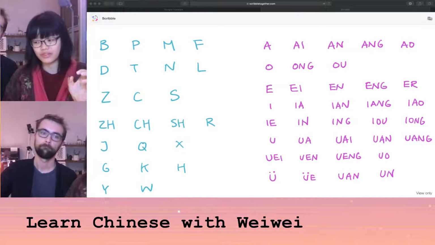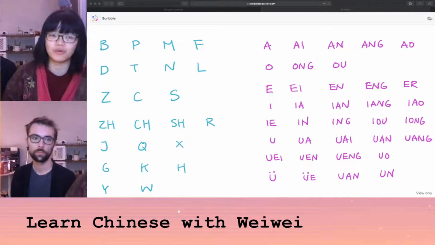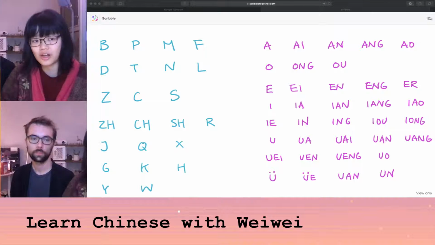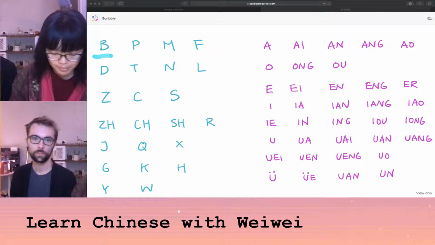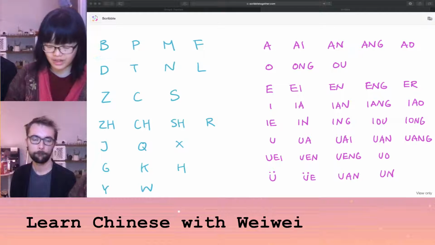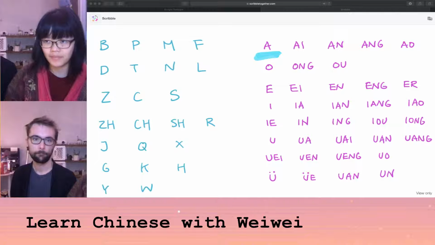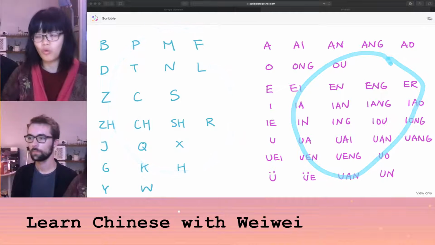They start off the character, and these are all of the possible combinations for speaking any Chinese characters. For example, we have B, which is pronounced B, and we have A, which is pronounced A. We'll say all of these quickly so that we warm up.